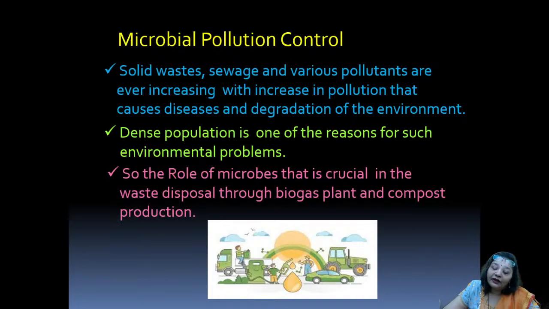This is how the microbes play an important role in controlling pollution of the environment. There you can see how the picture shows how exactly the green environment is being supported by microorganisms.